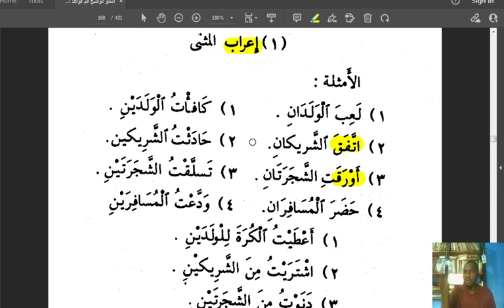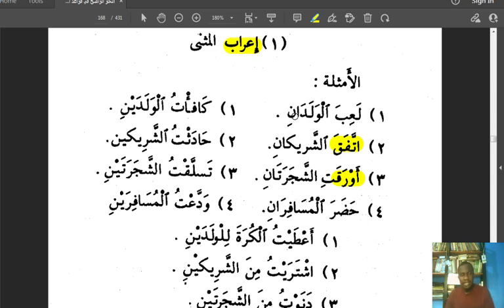So you have waladun, and then you give it alif and nun, then you have waladani. Or it takes yai and nun, then you say waladaini. Now, in here, we are learning when a noun can take alif and nun to make the dual, or when it will take yai and nun, because you don't just pick and choose.